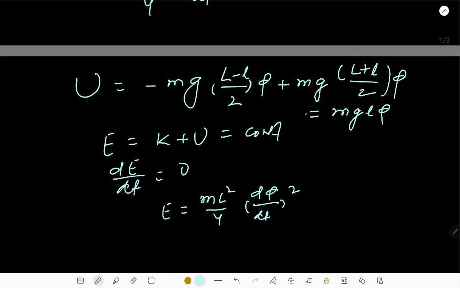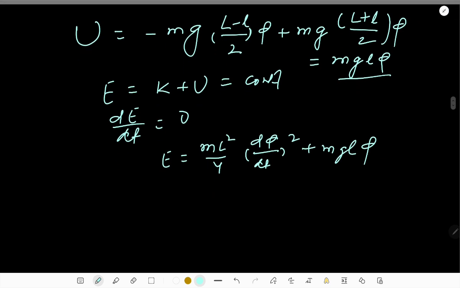This can be brought to this form not by approximation, but by simply manipulating the terms. Open the brackets and you will get something like that. So potential energy becomes mgl phi, and we need to differentiate this.